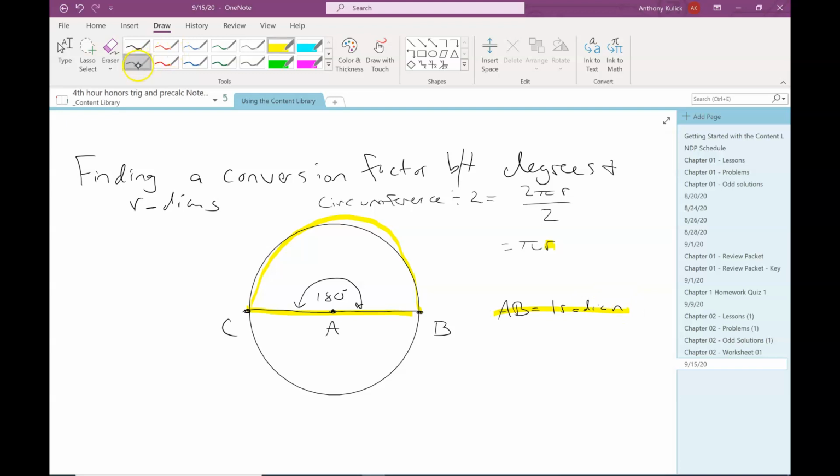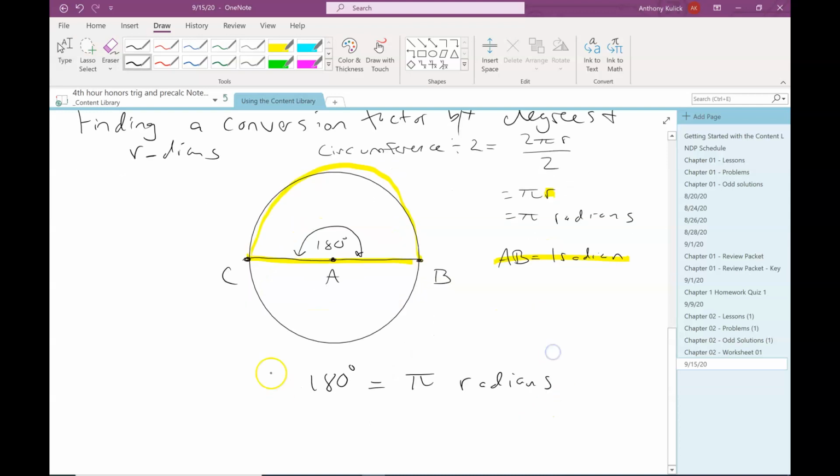One radian. So we can say that 180 degrees is equivalent to pi radians. That's our conversion factor that we're going to use.